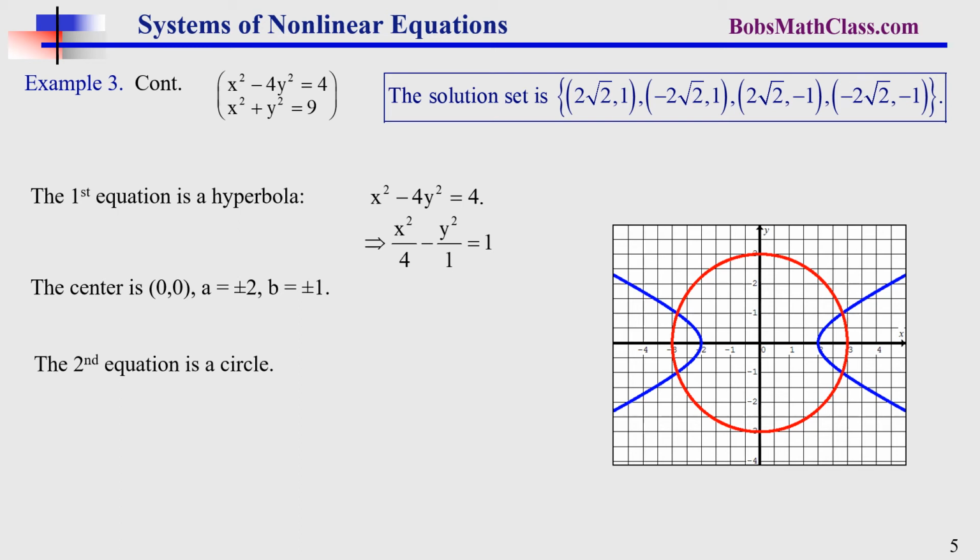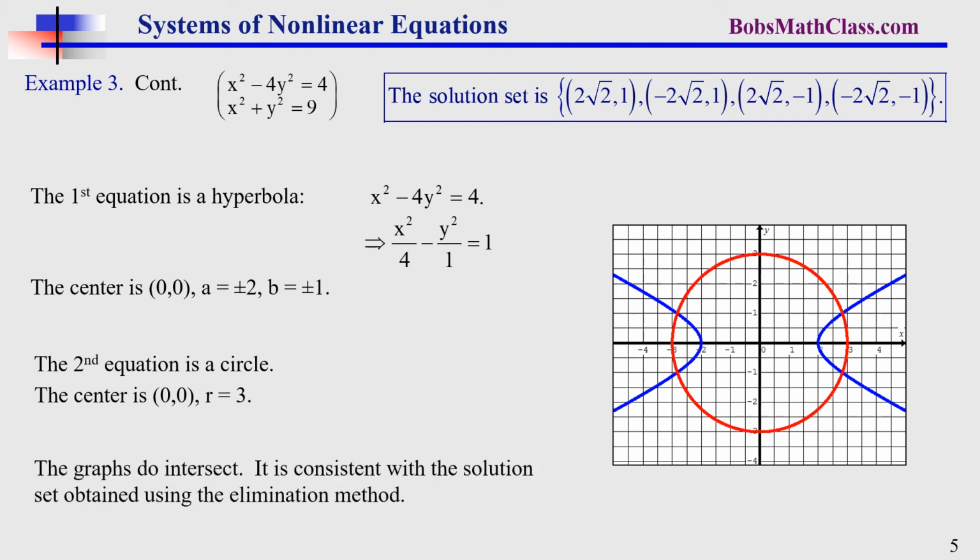I didn't show it, but if you go back and watch the video on hyperbolas, you can plot your center and then go 2 left, 2 right, 1 up, 1 down to make our box, and then the asymptotes through the corners. And then because it starts out with the x squared, it opens left and right. Anyways, the second equation is a circle. Center is 0, 0. The radius is 3, so it makes sense.